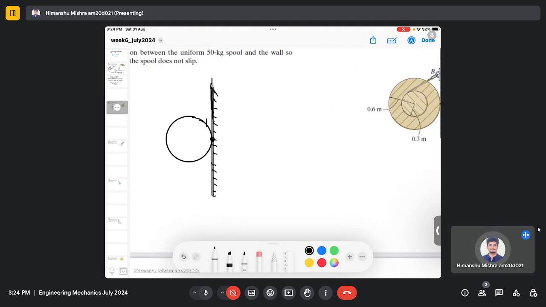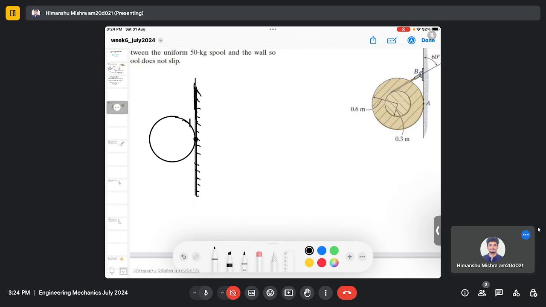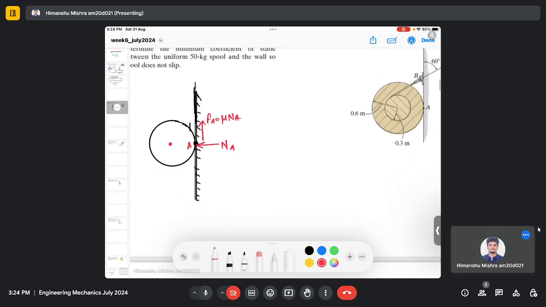So we need to avoid the slippage of this spool, which is going to happen in the downward direction, and therefore there will be a friction force which should act here. So this is my point A, and then there will be a normal reaction which will be acting here. Let's say it's NA, and we have been given the mass of the spool, which is 50, so the weight is 50 into 9.81.